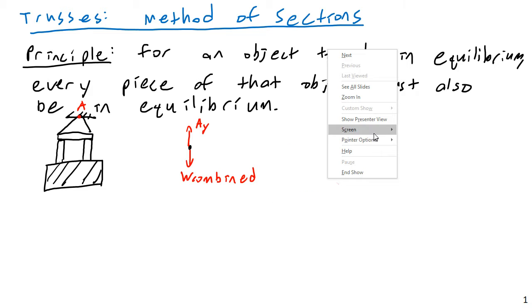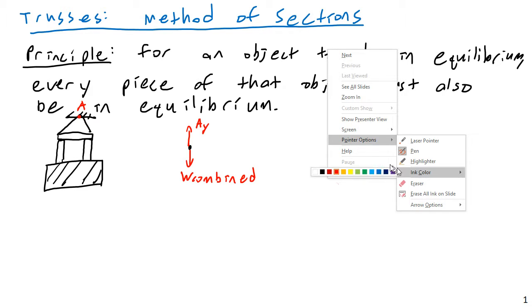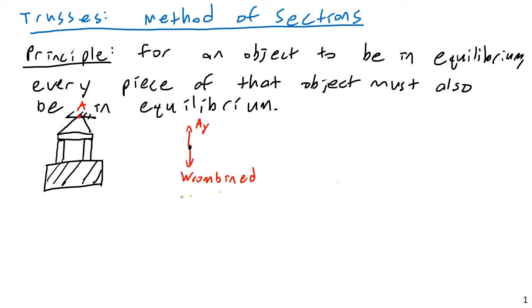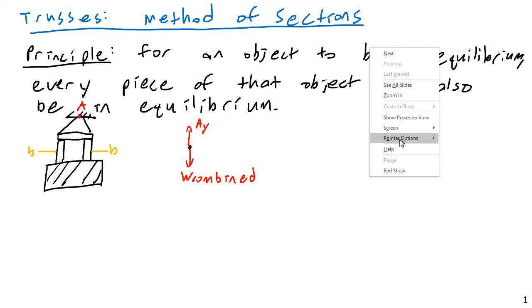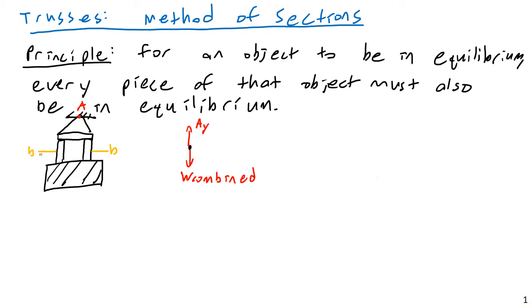Or I could cut it somewhere else. Imagine I were to cut it somewhere midway. What if I were to cut it here? Let's say I cut it here at, let's call this B. Well, what would I have? And let's say I isolate this bottom part here.